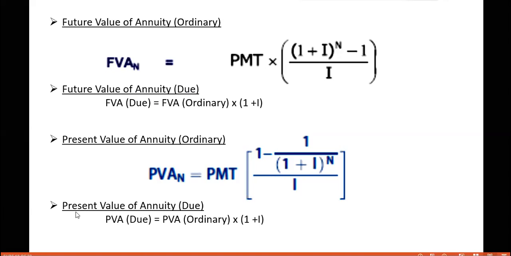Same is the case with present value of annuity due, which is equal to present value of annuity multiplied by 1 plus I. So first you calculate the future value or present value of the ordinary annuity. Then if you want annuity due, simply multiply the answer of the ordinary by 1 plus I.